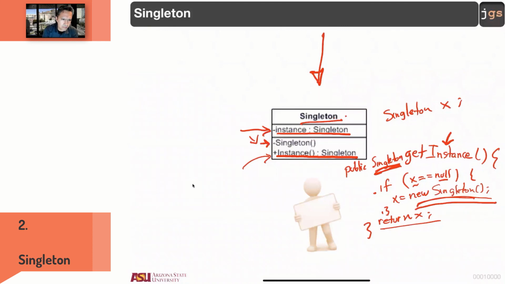Okay, now I have a problem because in order to call the method, I need something there. I need an object, but I cannot create an object because the constructor is private. What other thing can I use if I cannot create an object in order to call the method?